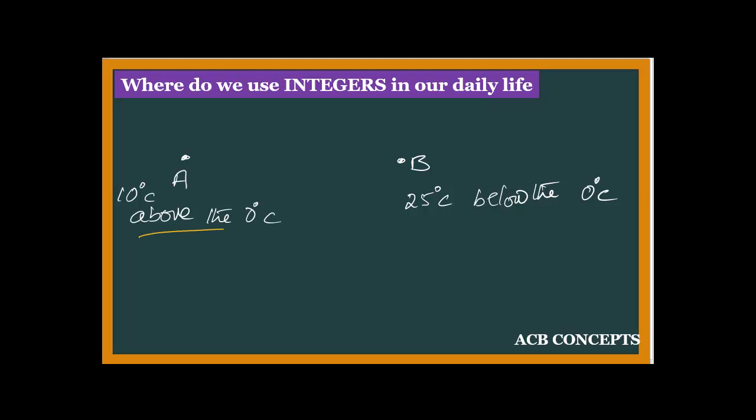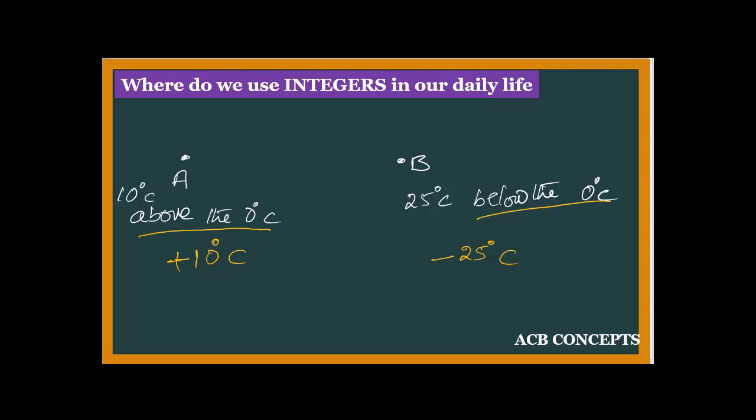Above 0 degrees centigrade is taken as plus, so plus 10 degrees centigrade. Below 0 degrees centigrade is taken as minus, so minus 25 degrees centigrade.